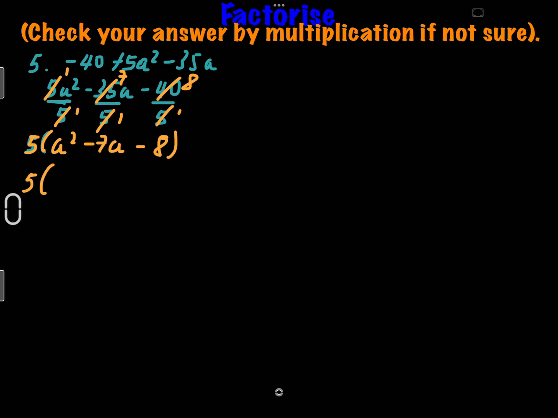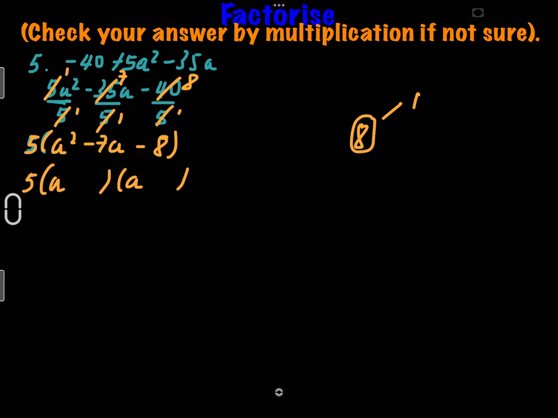Moving forward, we now move on to group our expression. So we have a and a as the leading expressions in the parentheses. Notice now we have 8 as a constant, and we need to consider all the factors of 8.